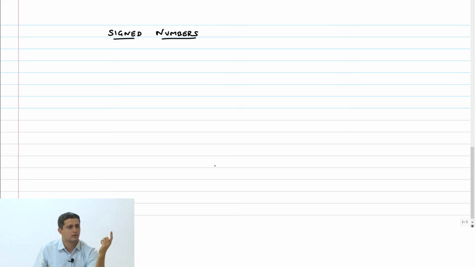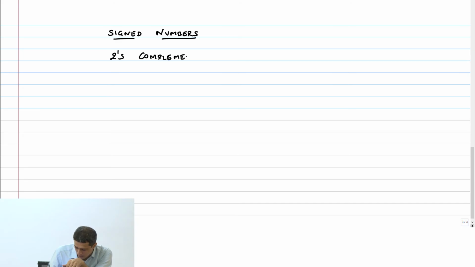If it is 1, the most trivial way of doing it is, if that bit is 1, it's treated as a negative number, the remaining n minus 1 bits being the magnitude, otherwise it's treated as a positive number. Problem with this is that 0 happens to have 2 assignments, plus 0 and minus 0, which is useless, and therefore people move to 2's complement representation.